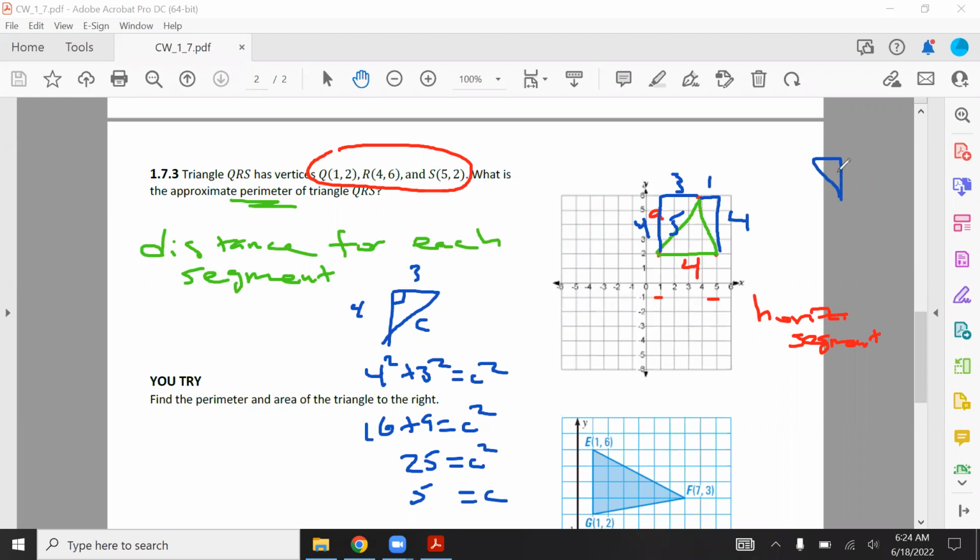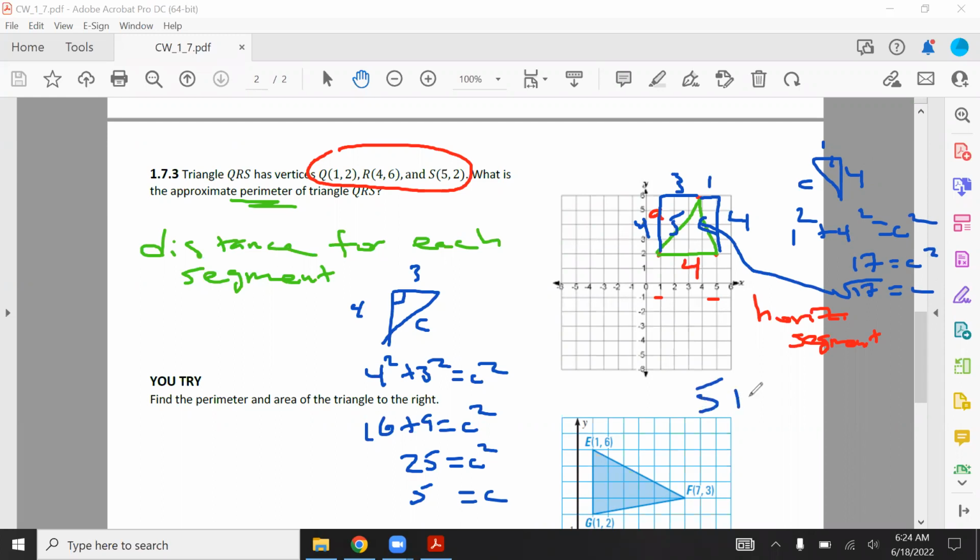So again, you do Pythagorean theorem here as well. That's 1 squared plus 4 squared equals c squared. So c is root 17. So this side is root 17 right here.